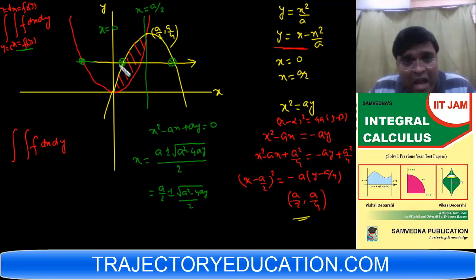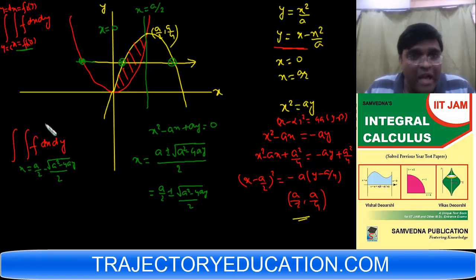The distance of this line from the y-axis is a by 2 and this point is at a smaller distance. So this will be a by 2 minus square root of a square minus 4ay, upon 2. So I write it here, x equals a by 2 minus square root of a square minus 4ay, upon 2.